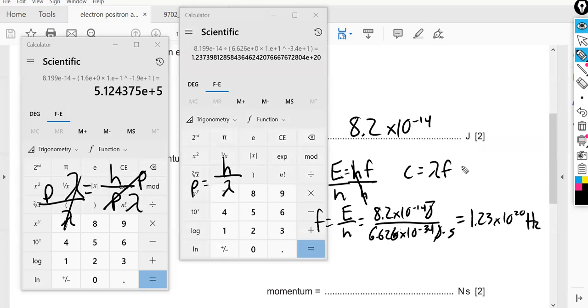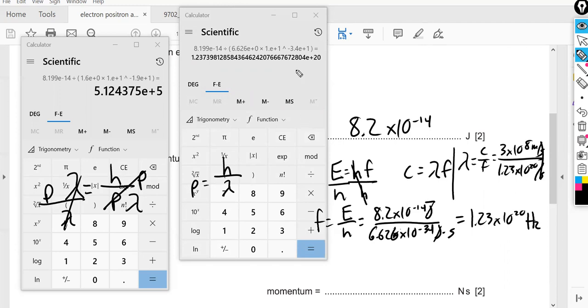And then we can solve for the wavelength using this equation as, let's see, wavelength would just be c over f. And so we'll plug in the speed of light, 3 × 10⁸ meters per second, divided by this many reciprocal seconds. Reciprocal seconds will cancel. We'll have meters of wavelength. We can then plug back into this equation for momentum.